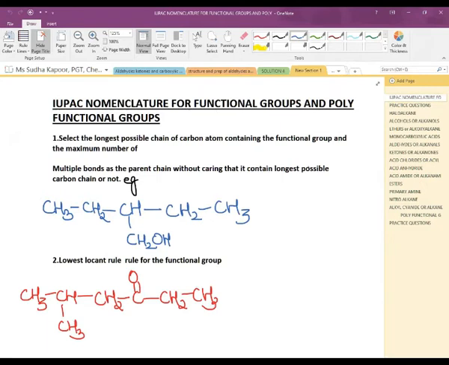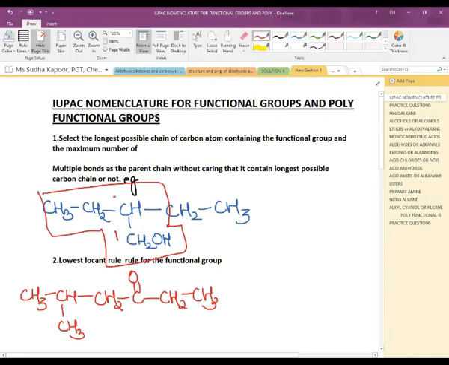If there is a multiple bond or a functional group, we try to select the chain in which both can be included, irrespective of whether it is the longest or not. Let us see the first example. In this case, the chain appears longest with 5 carbons, but we will try to include the functional group also. So we will number the chain not containing even the longest chain. So our chain will be like this.